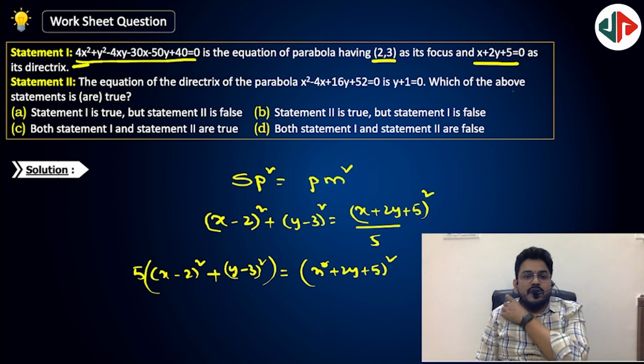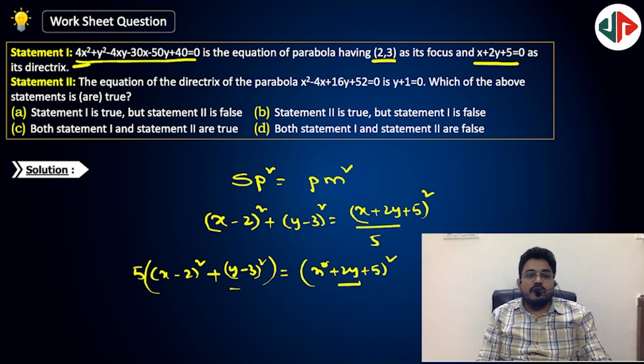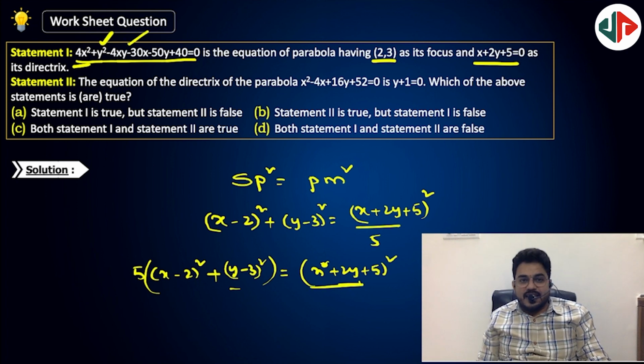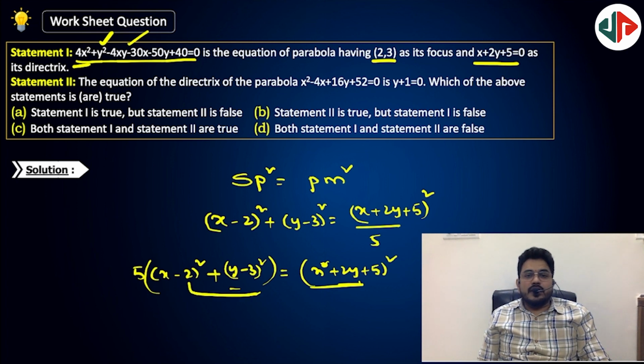So 4 times of x square will come. Here 5y square minus y square will come, 4y square. Here minus 4xy. Yes, statement 1 is going to be correct because here the constant term also, check it out. Now, statement 1 is absolutely right.